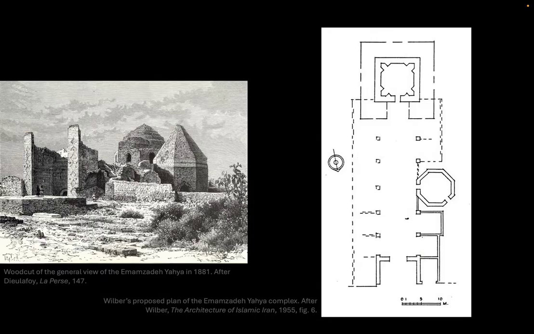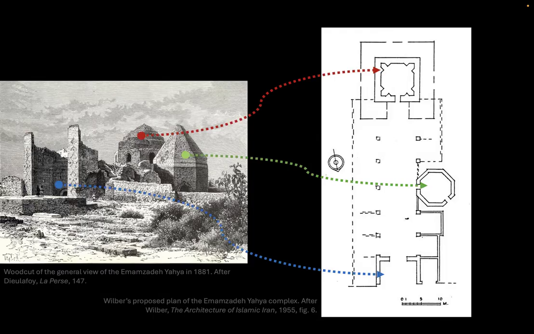In his proposed plan, Wilber arranged the three principal elements: the portal, the dome chamber, and the octagonal tower in an elongated layout. He placed the portal at a distance of nearly 40 meters from the dome chamber, with the octagonal tower sitting roughly in the middle.